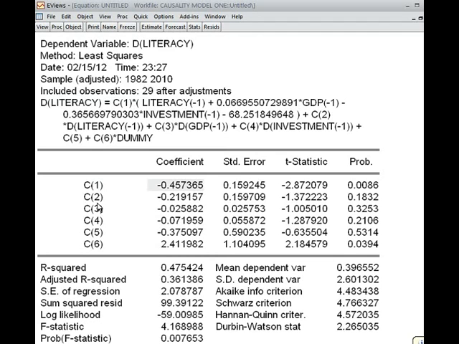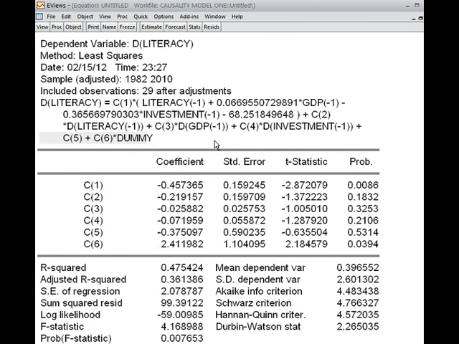And what is C2? C2 is this one. You can see from here. C2 is the coefficient of literacy. And C6 is the coefficient of the dummy variable, right? That is C6.